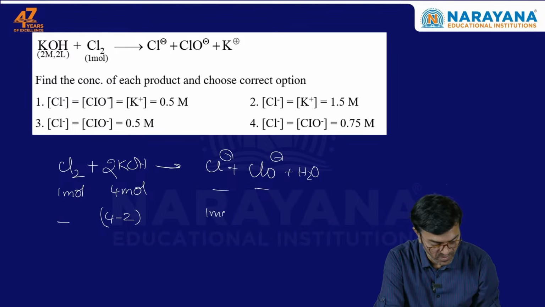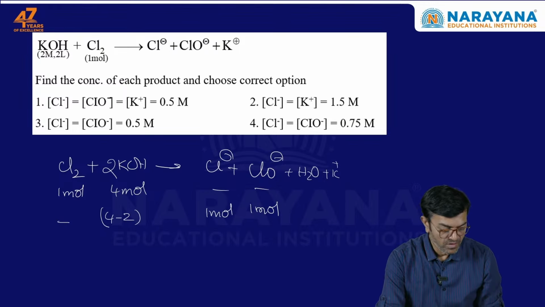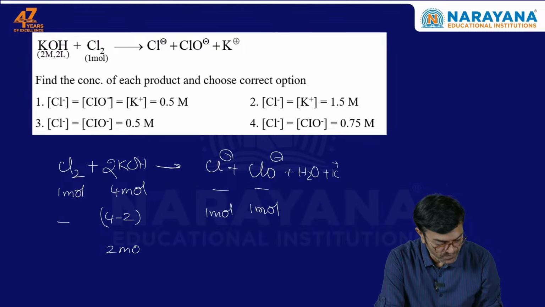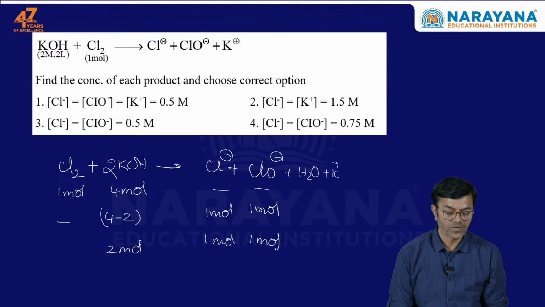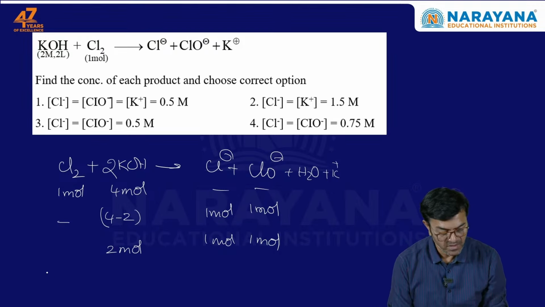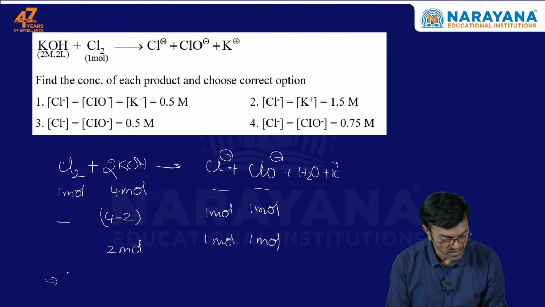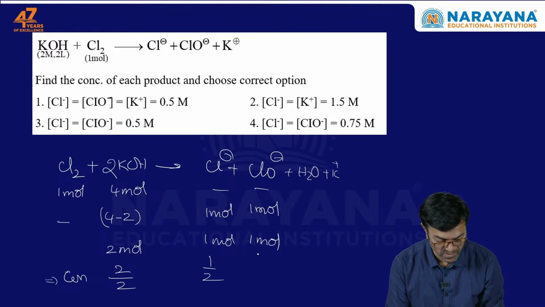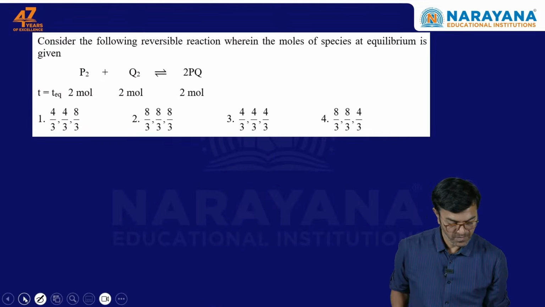Therefore, here we will be getting 1 mole, here 1 mole, and K plus will also be 1 mole. So leftover moles are 2, 1 and 1, and the volume of solution is given as 2 liters. So concentration will be number of moles by volume: 2 by 2, 1 by 2, 1 by 2. That means it becomes 0.5. This also becomes 0.5. Alright.